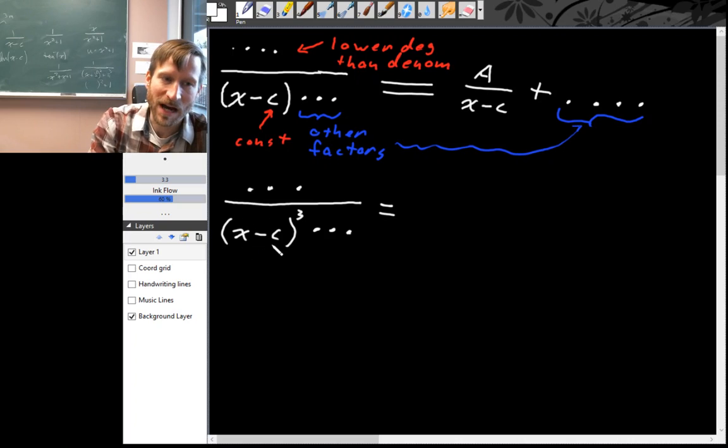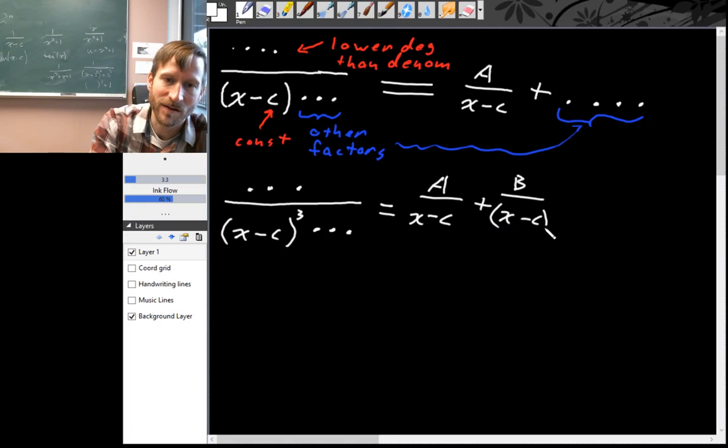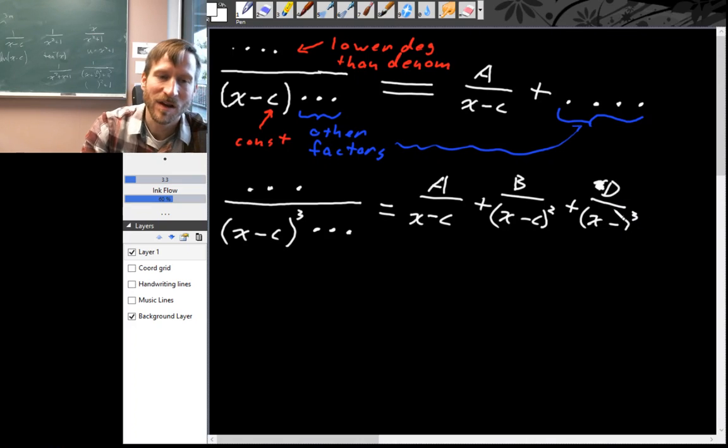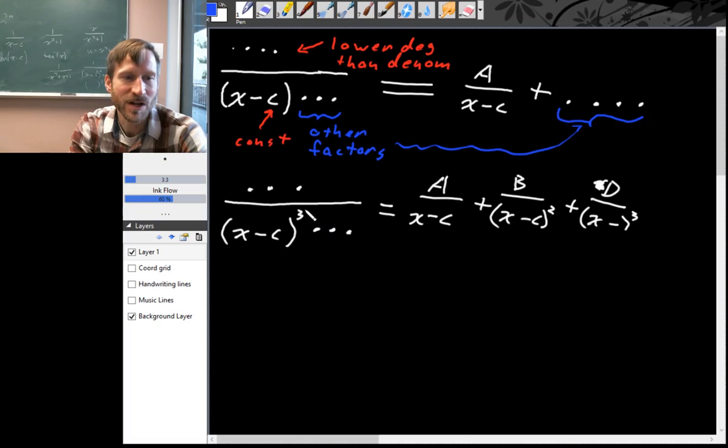If you have a linear factor to a power greater than 1, here the third power, you still get an unknown constant A over x minus c, but then you get another term with another unknown constant over x minus c squared, and then another term, let's move on to capital D, over x minus c cubed, and you keep going with these larger powers until the power that you started with shows up in your denominator.